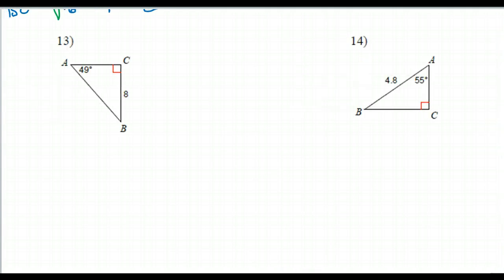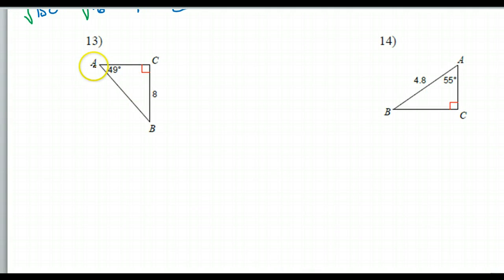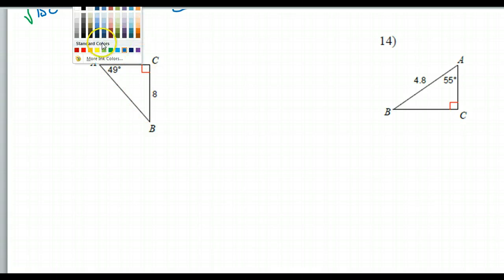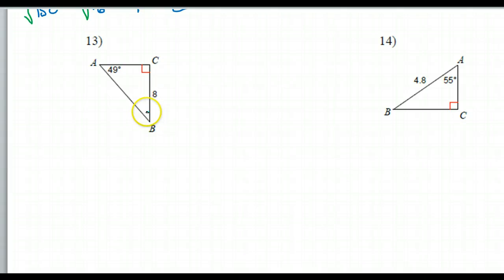Alright, I think we're down to the last two. 13 and 14. So we need to find angle B, so let's do that. We can find angle B just by doing 90 minus 49. So that means angle B is going to equal 41 degrees.